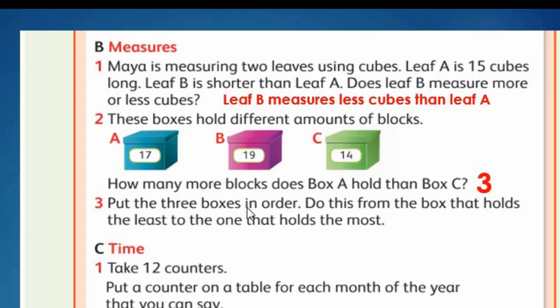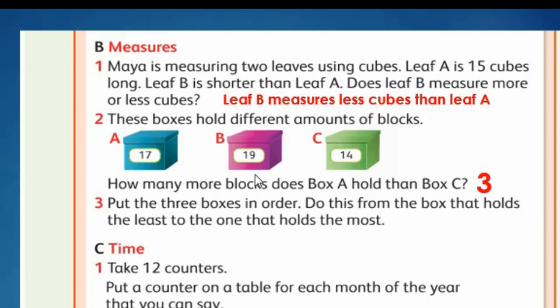Now, put the 3 boxes in order. Do this from the box that holds the least to the one that holds the most. Let's think about it. Which box holds the least? Box C. Great. So which one next?